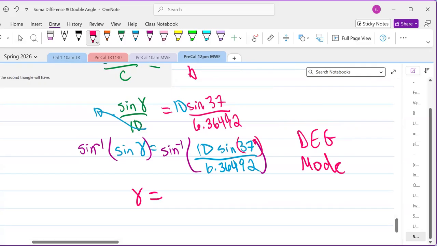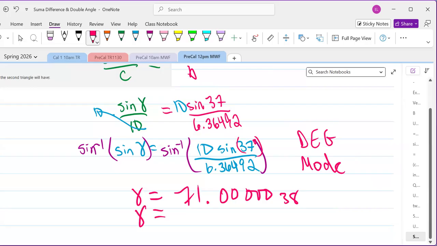So inverse sine of 10 sine 37 divided by 6.36492, and we get 71.5 zeros and then numbers. So that means, because of the way this buggy problem works, we want 71 degrees for gamma.